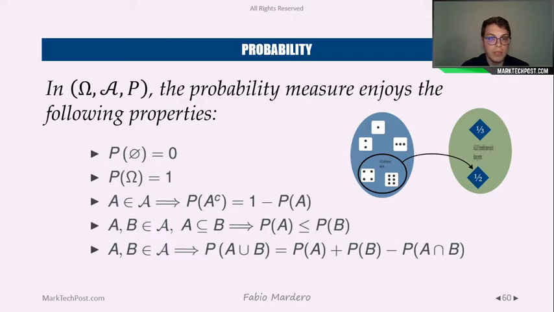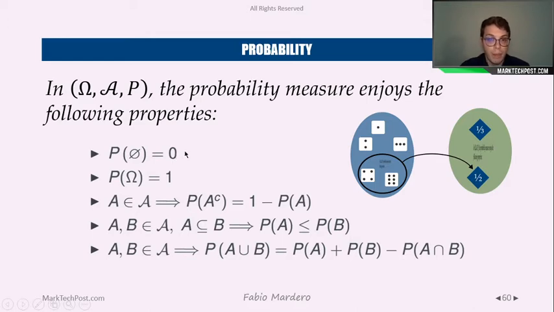So the probability measure enjoys several properties. For example, in the first property, we already know that through the definition of measure, the measure of the empty space is equal to 0.